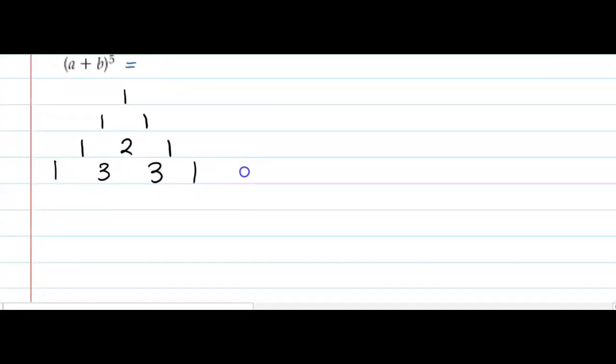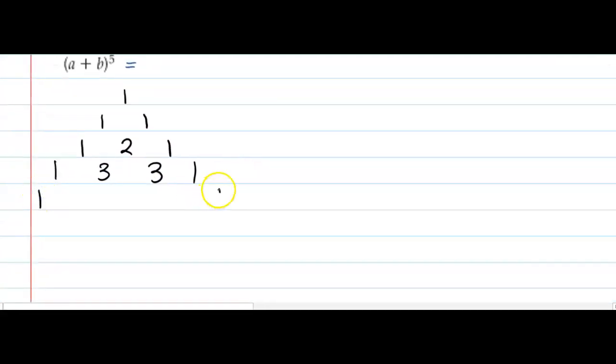So building the triangle isn't really too challenging. You just start off with a number 1, then you put a 1 on either side, and you continue doing that, but in the middle here, 1 plus 1 makes 2. Now, I'm going to put a 1 on each end. 1 plus 2 makes 3. 2 plus 1 makes 3.